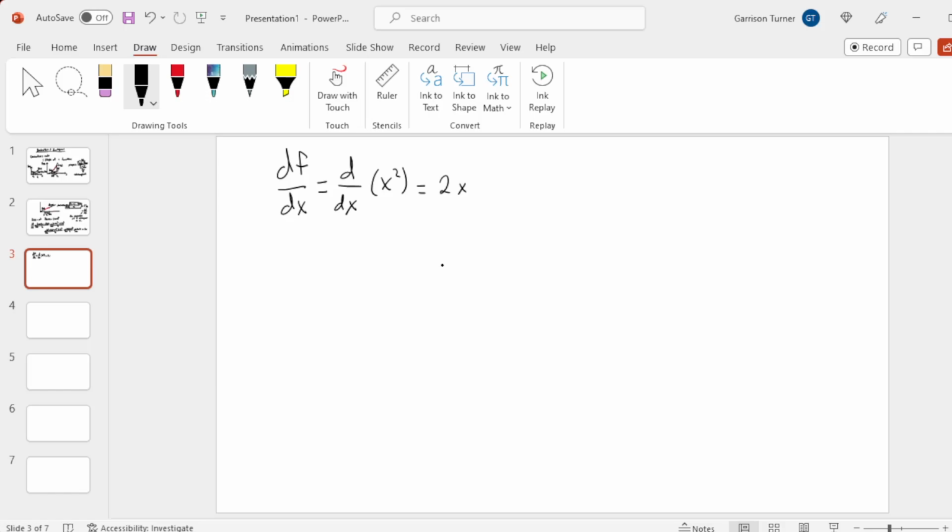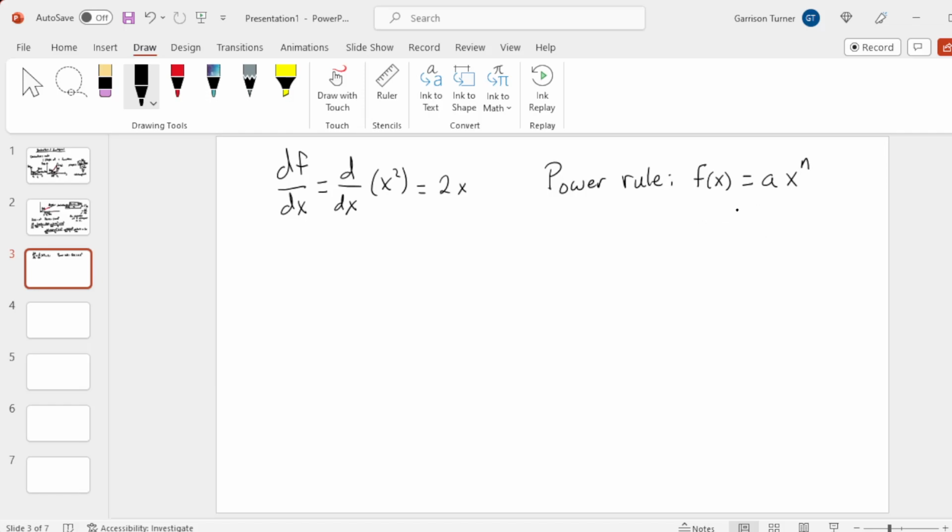Okay? So this leads to what is known as the power rule. And this is the most important rule in differentiation. Okay? If you have a function that is some constant times x to some exponent, okay?